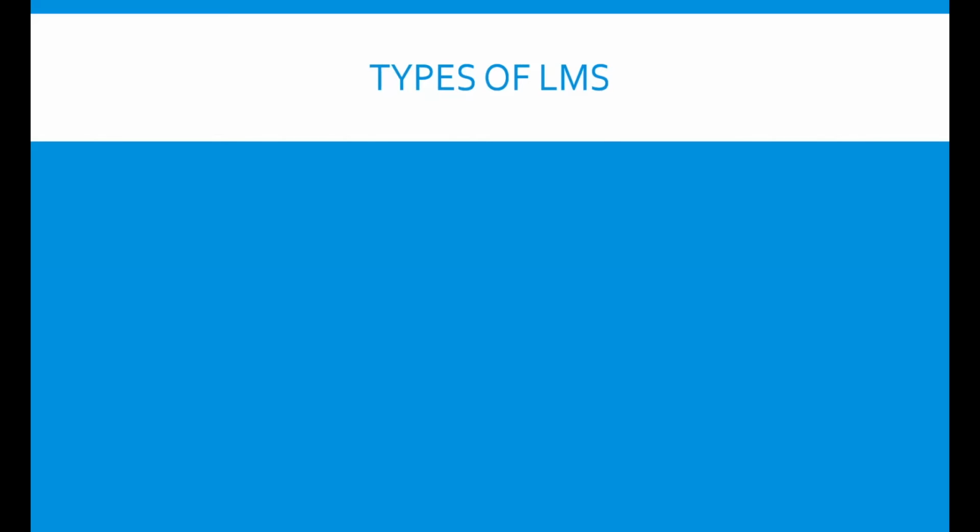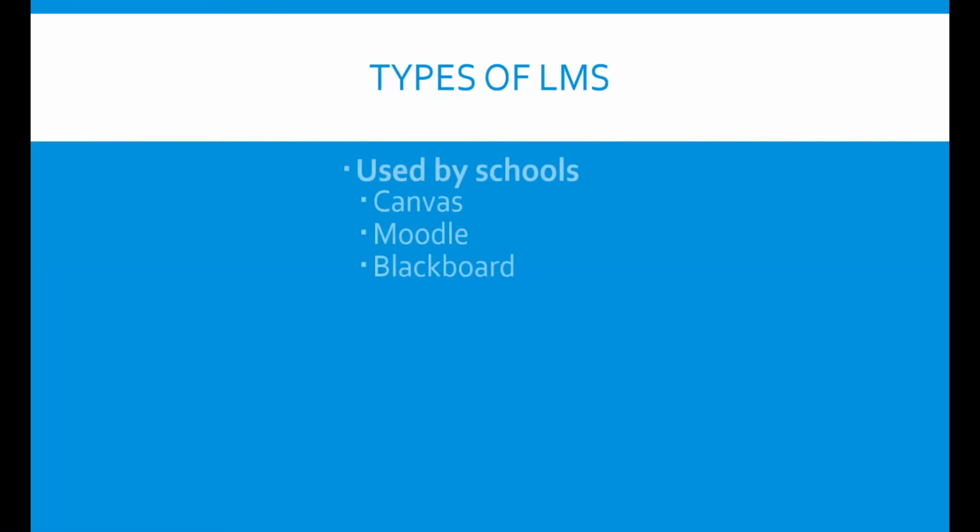So, types of LMSs. Right now, what is being used by schools are enterprise level LMS tools such as Canvas and Moodle. Those two are probably the biggest ones right now. I know Canvas is used throughout the Washington State community college system, and Blackboard.